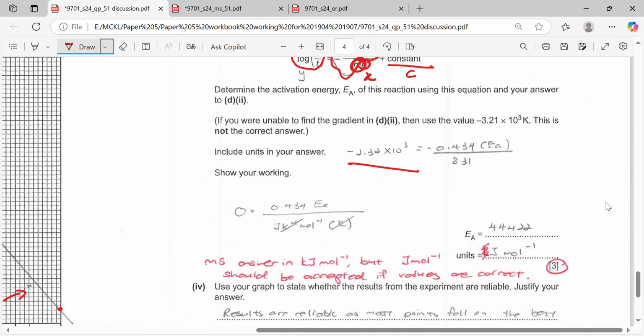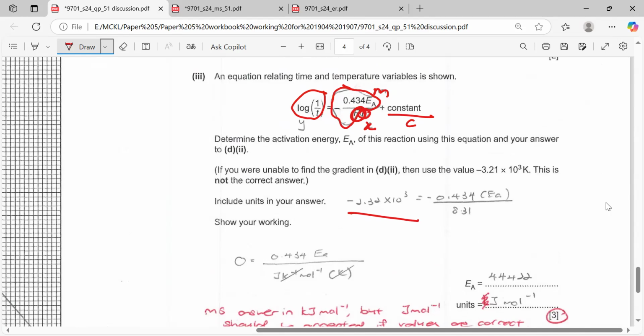So when I go and find the units of 8.31, it's actually joule per Kelvin per mole. And then after that, the temperature here is Kelvin, right? So this Kelvin and this Kelvin can cancel. So therefore, when I shift the whole thing remaining here, I get joule per mole. So whatever number you calculate, 44422, is actually joule per mole.